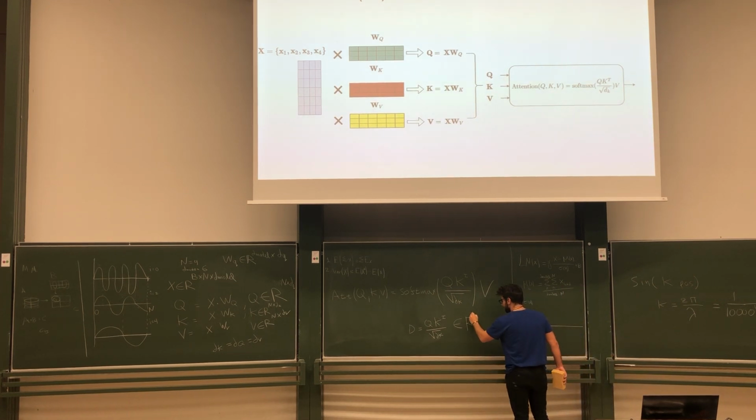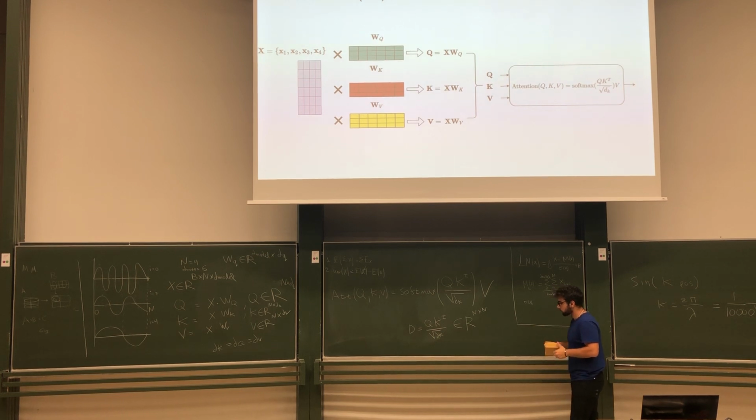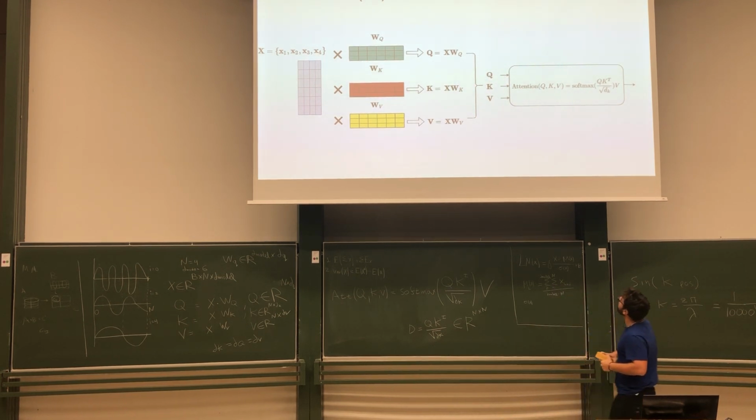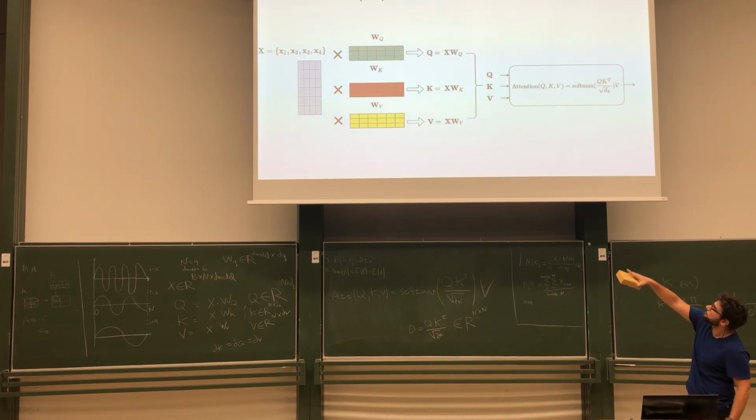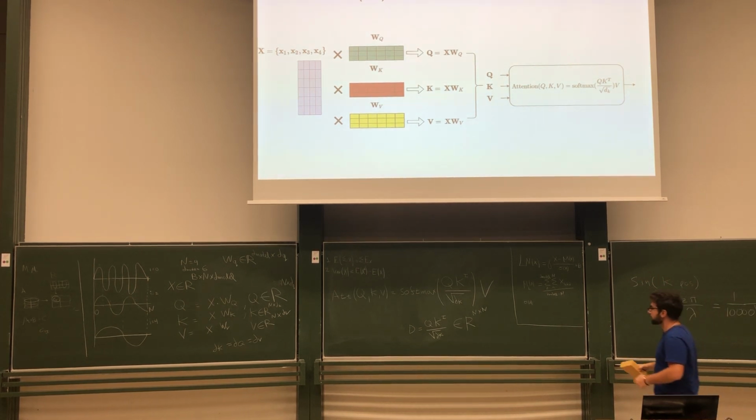Perfect. Is it clear why the shape is n times n? So this is almost the attention matrix. We have our sequence, we take these linear projections, we apply this formula.